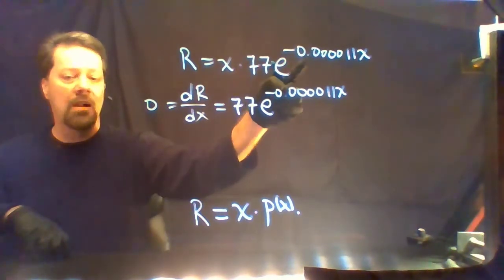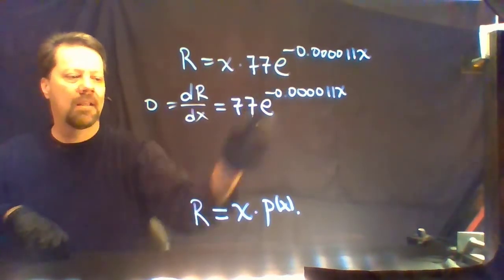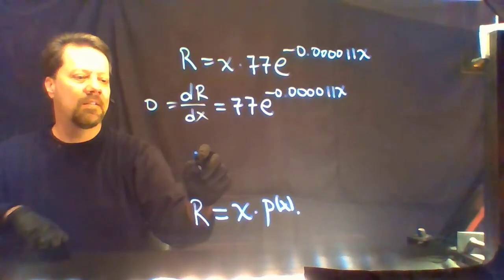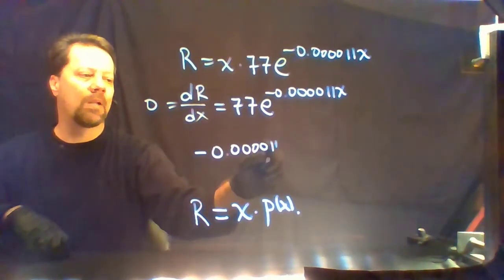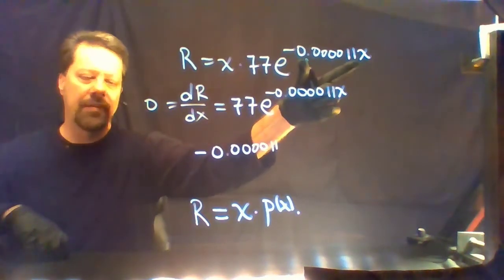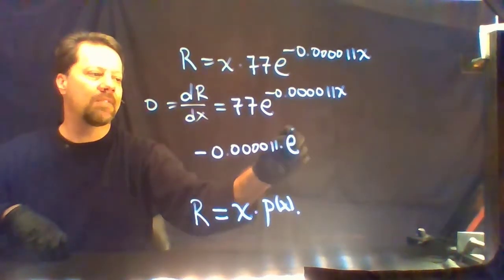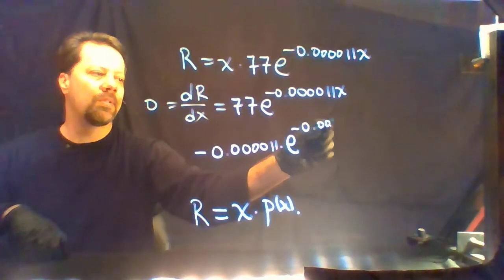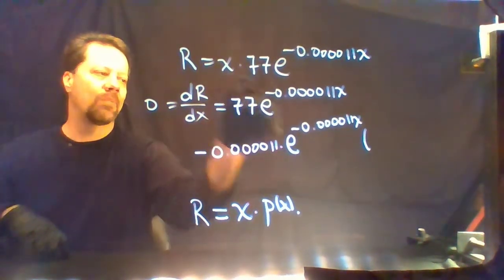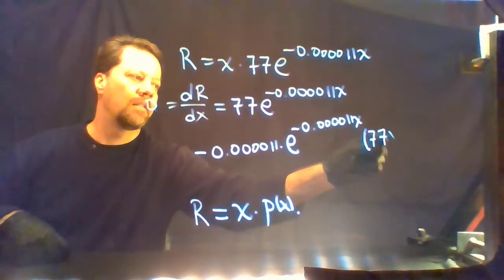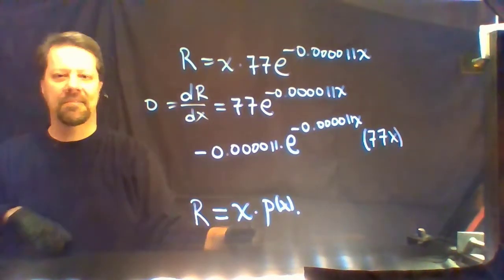The derivative of the next part requires the chain rule. And so we'll get minus 0.000011, that's the derivative of the exponent, times e to the negative 0.000011x times the other factor, which is 77x.